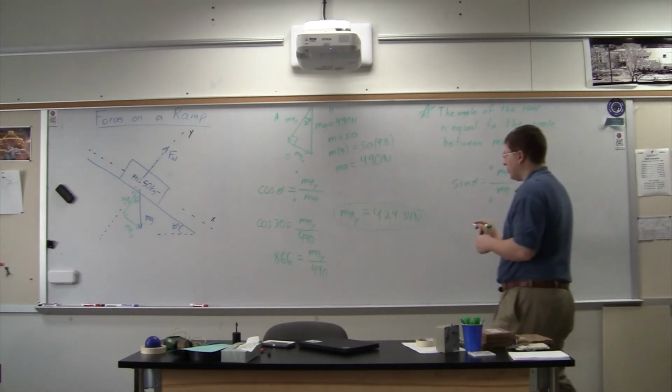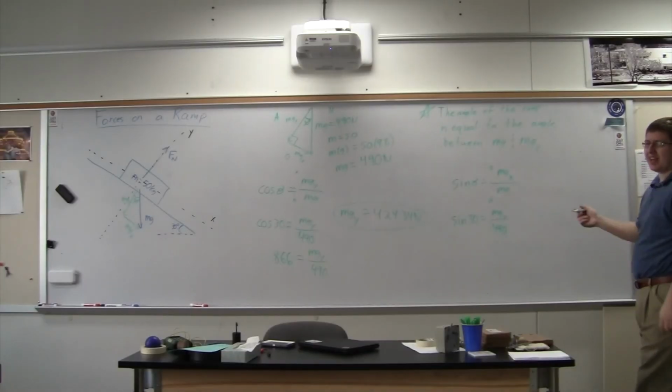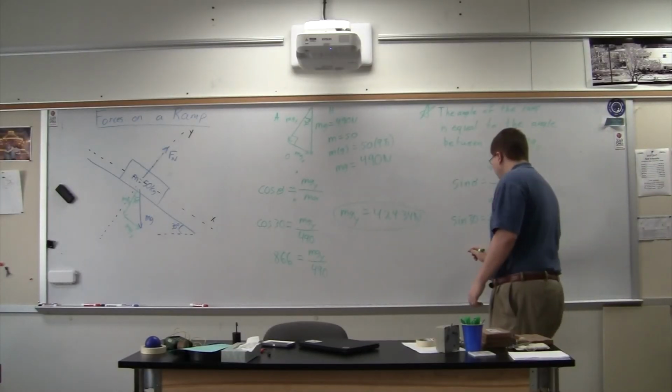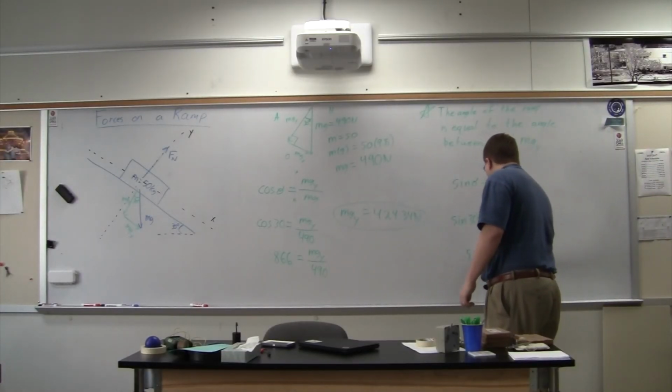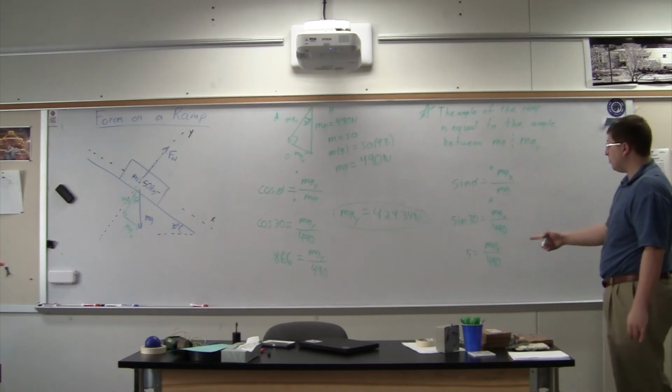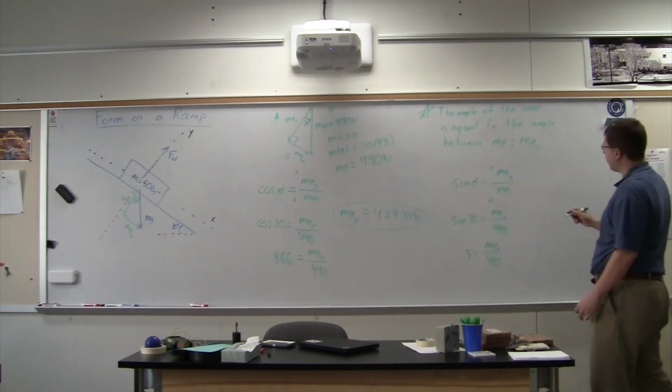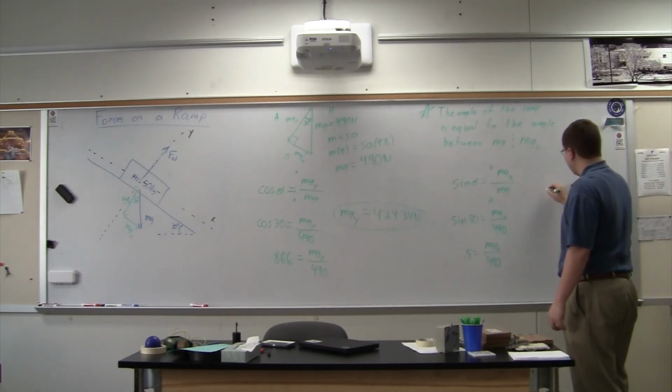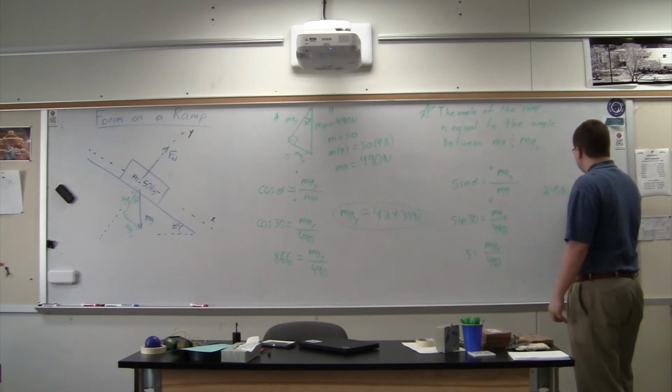I'm going to plug in some numbers, and I need the sine of 30 degrees, which I believe is 0.5. And then multiplying 0.5 times 490, we should get that 245 newtons is equal to mgx.